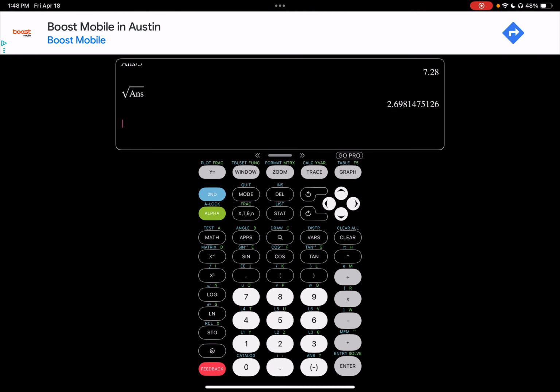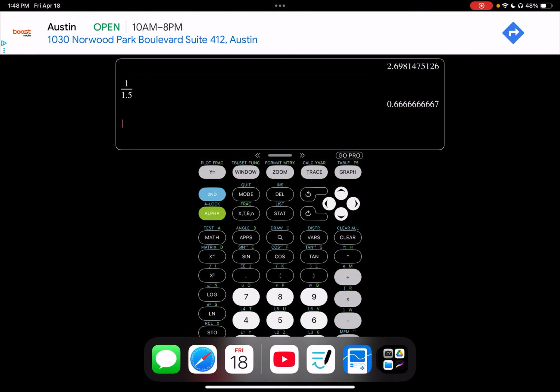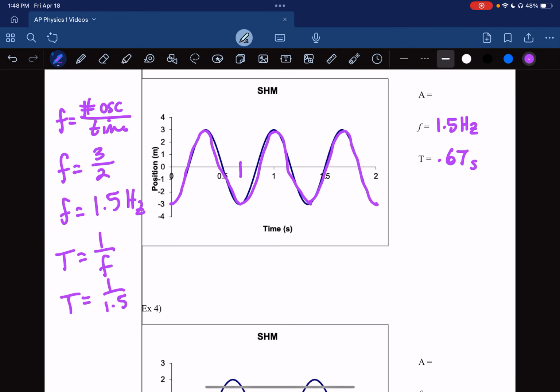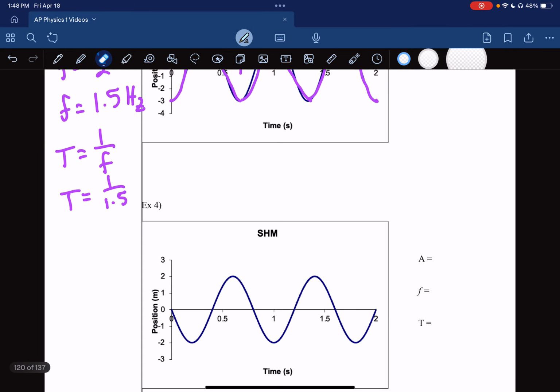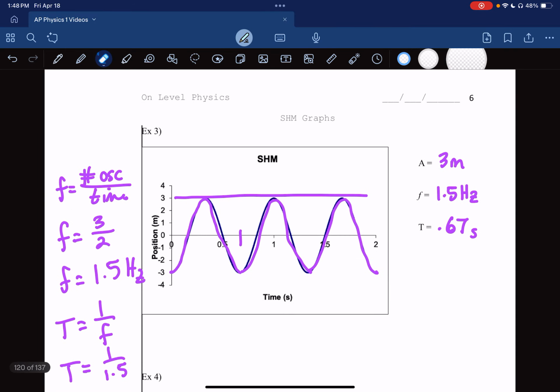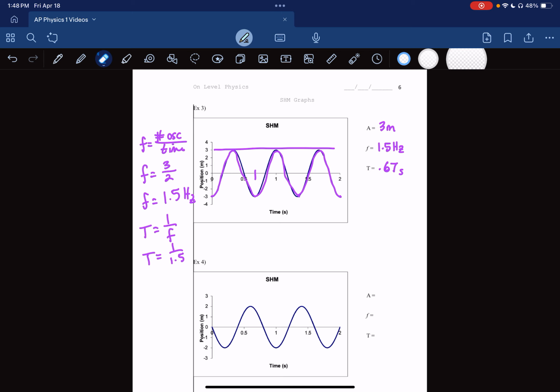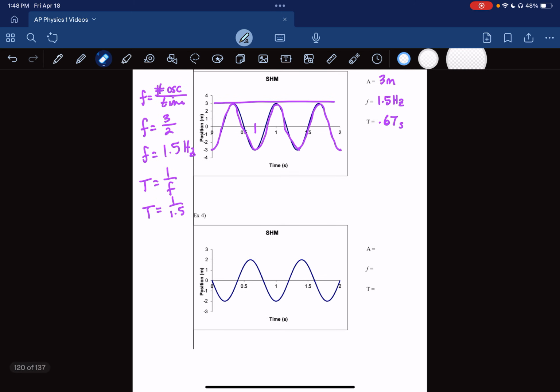Let's check. Yep. Okay, the amplitude for this one is 3 or almost 3. Anyway, we're going to say it's 3 meters. Cool. I think you guys get the idea with those. And I might as well just finish up. You can do the last one if you want.